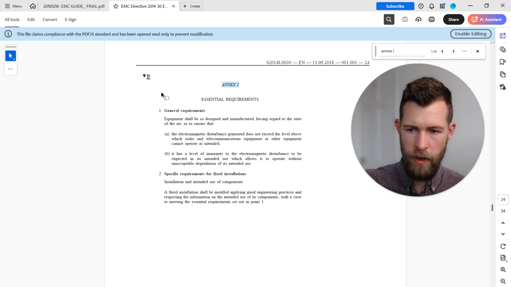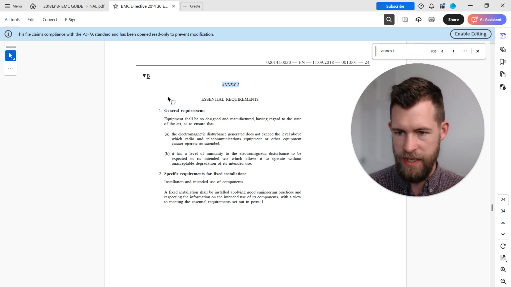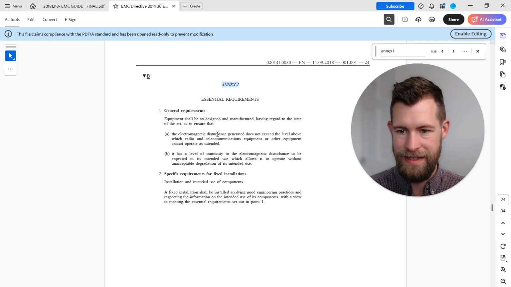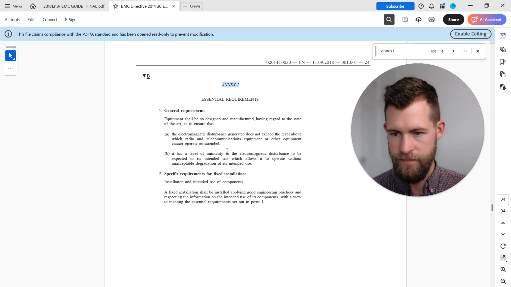So we can go to Annex I, and this is the essential requirements of the EMC Directive. So, general requirements: equipment shall be so designed and manufactured, having regard to the state of the art, as to ensure that A, the electromagnetic disturbance generated does not exceed the level above which radio and telecommunications equipment or other equipment cannot operate as intended.